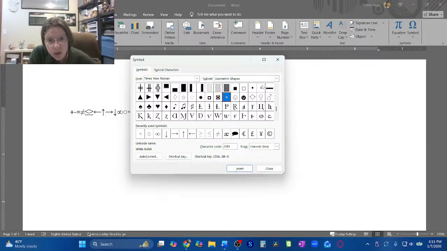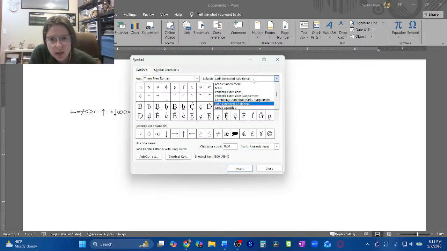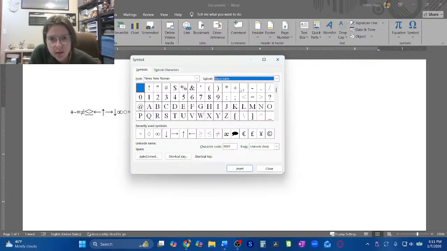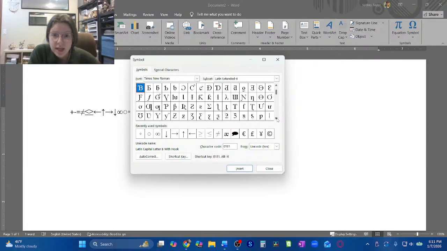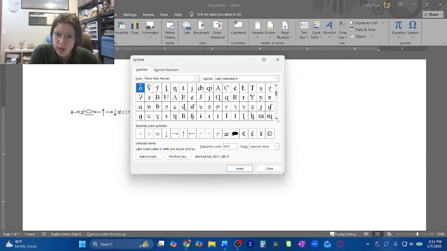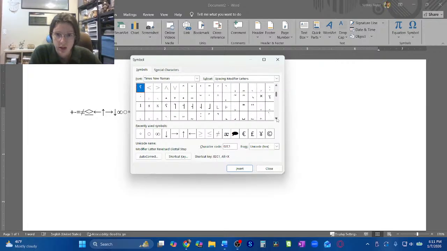Delta is on here as well. It should be under Greek. It's under one of these. It's somewhere in this list. As you can see, there are a lot of symbols, and most of them are not going to be useful. A lot of these are for other languages and for specific needs.